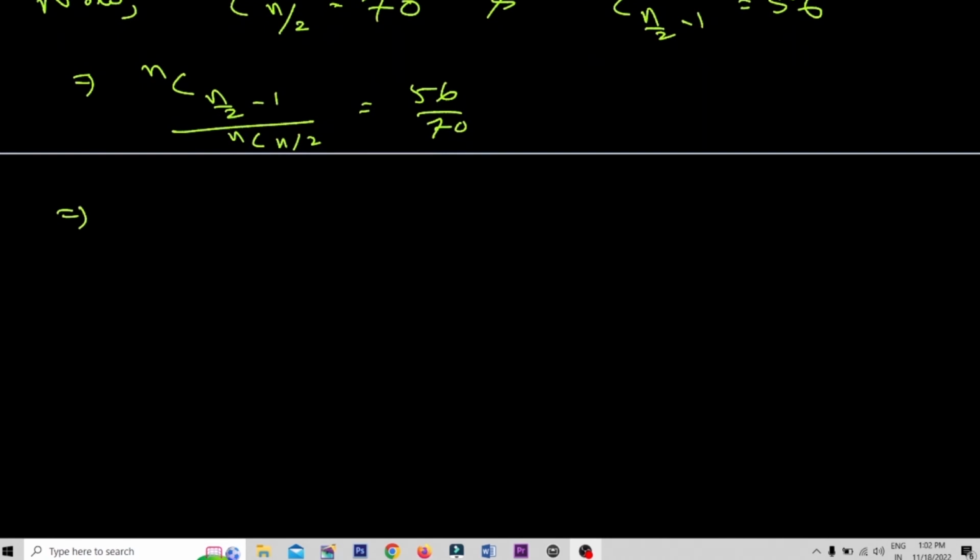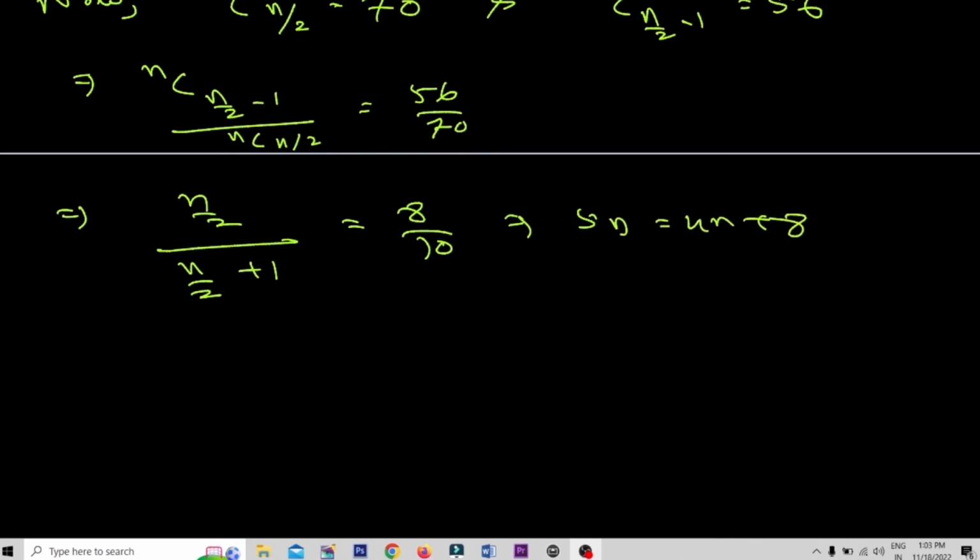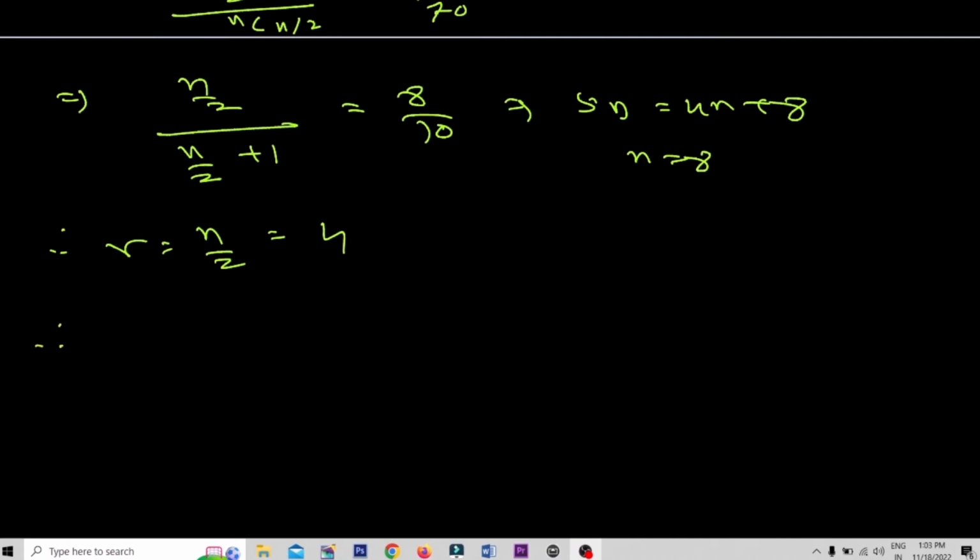So we can write this as (n by 2) divided by (n by 2 plus 1) equal to 8 by 10. Therefore 5n equal to 4n plus 8. So n equal to 8. Therefore r equal to n by 2, r equal to 4. So the terms are the 4th, 5th and 6th.